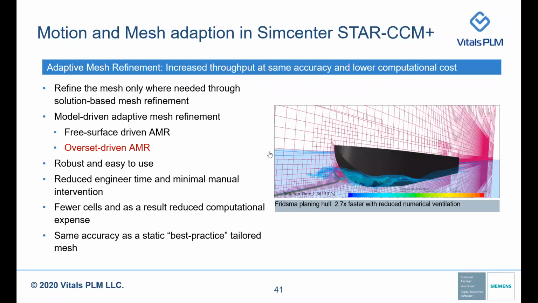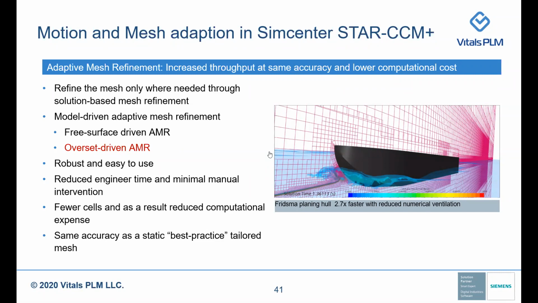And there are two implementations. One is the free surface model-driven adaptive mesh refinement, and another one is the Overset-driven adaptive mesh refinement. This is a new feature related to the Overset mesh motion technique or complex mesh motion needs of the simulations.